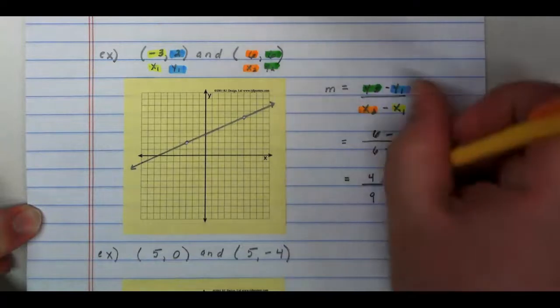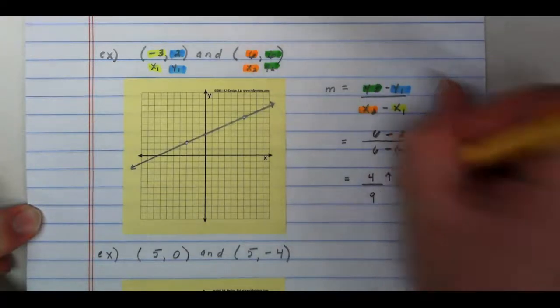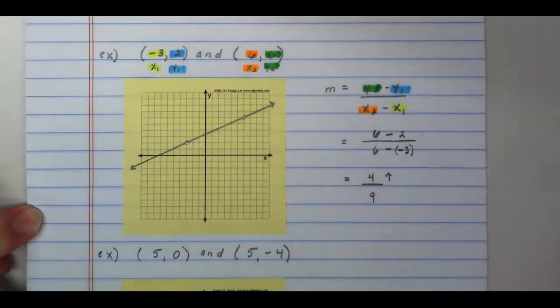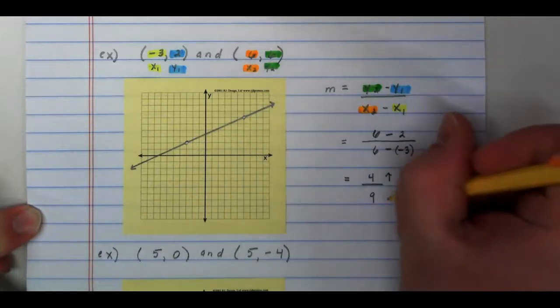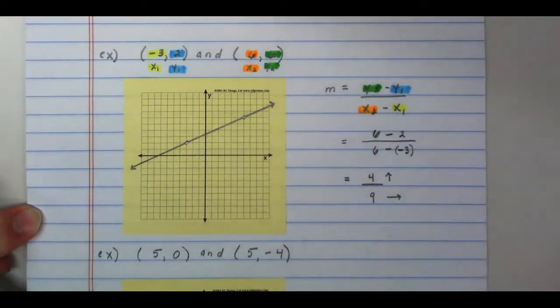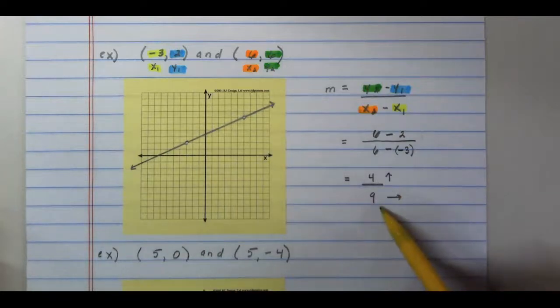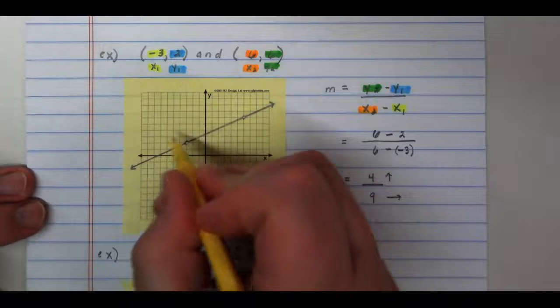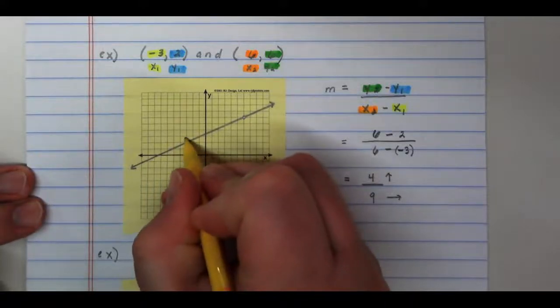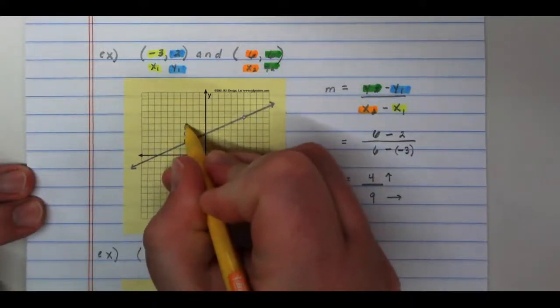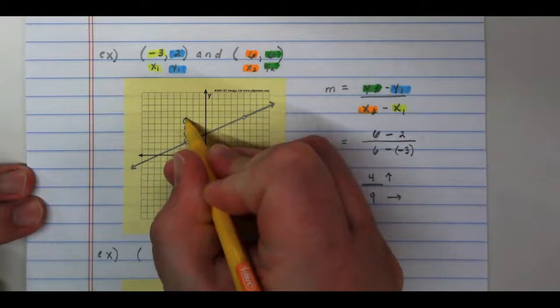Okay, so that means for every 4 units we go up, because positive means up, we move 9 units to the right. We can actually verify that if you're not convinced that that's the steepness of the slope by going from one point to the other, going up 4 and over 9. So take a look at how I do this on the graph. Up 4, I go 1, 2, 3, 4.